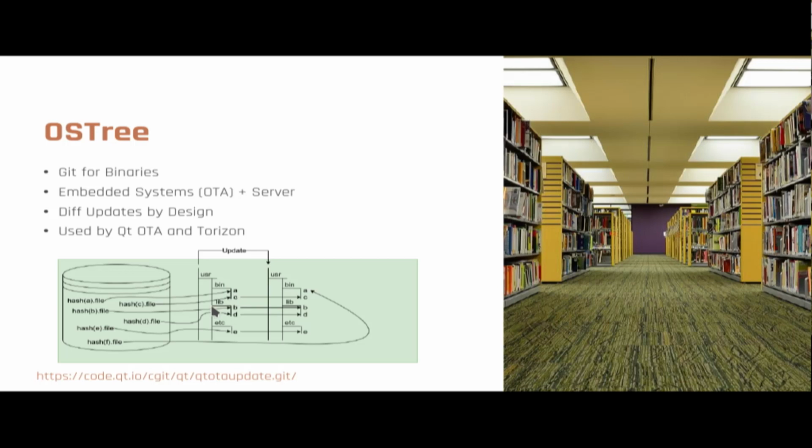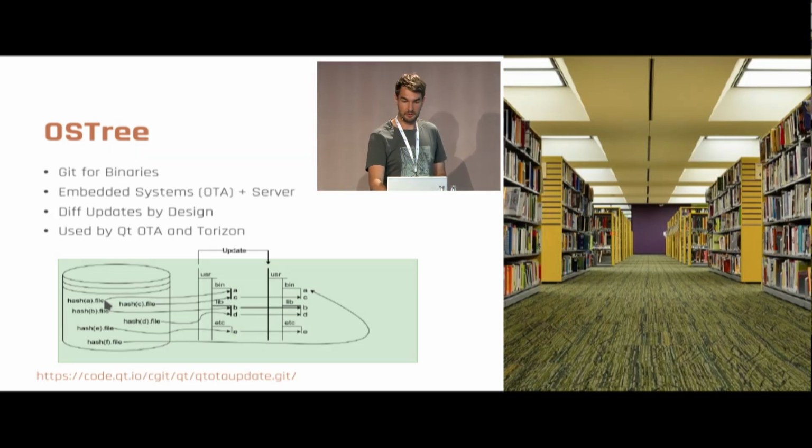If you now want to update your system, so let's say we want to replace file A with a new file, then we just download the new file into our repository, and then we create a new deployment of our root file system. So this would be this here. And there, instead of pointing to this file, we will point to this file, and then we have a new deployment of our file system.